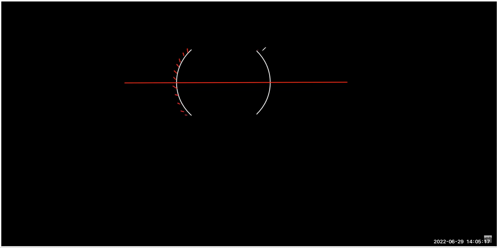We have two concave mirrors, you can see here. The focal length of each mirror is f1 and f2. The separation between the mirrors is just called d.